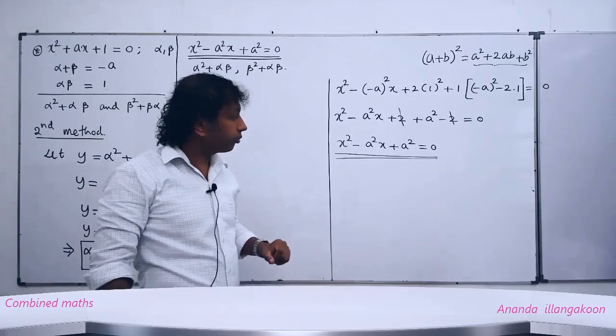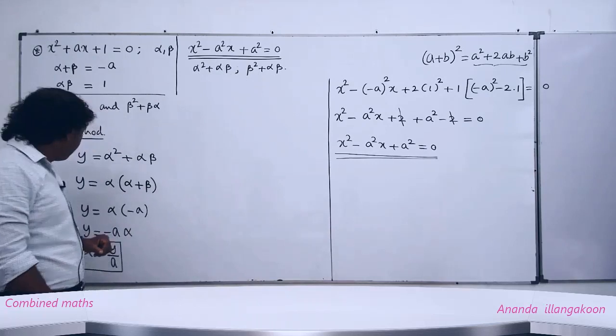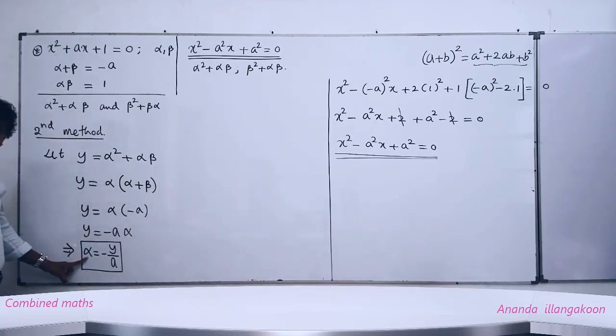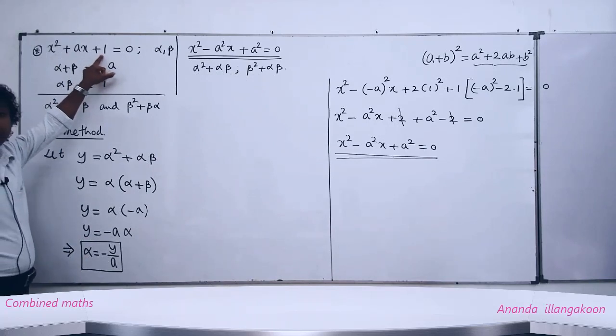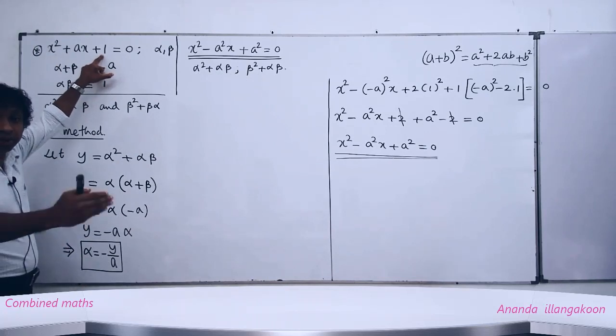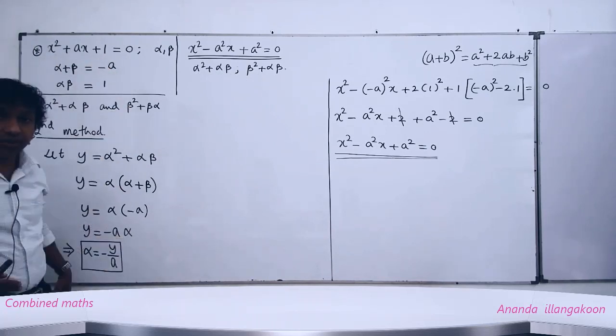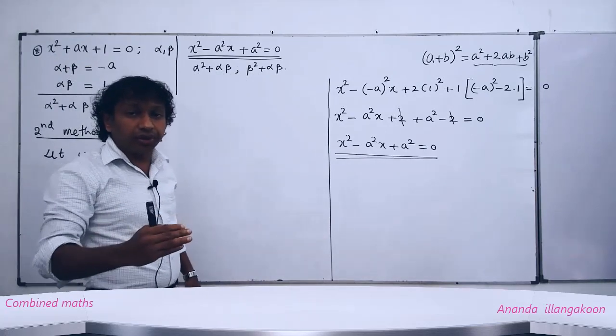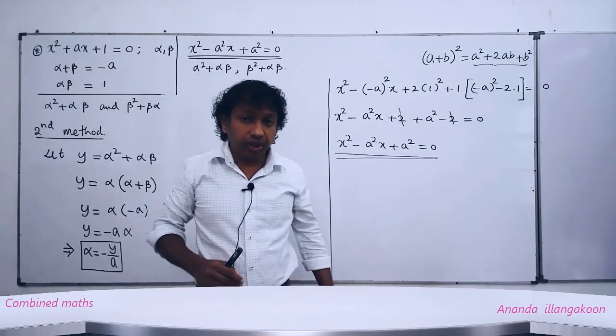Now what we do is this, people. This alpha is a root of this, no? You know, people, when something is a root of a particular quadratic equation, then that root should satisfy that quadratic equation.